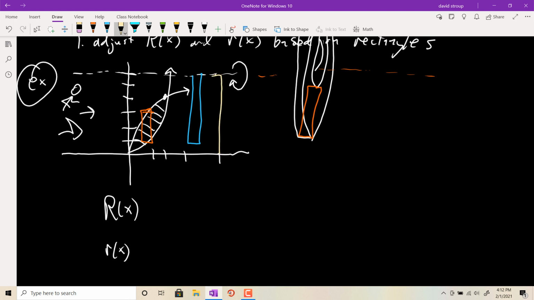That rectangle is the difference between this rectangle going from 0 to 6 and the smaller rectangle going from the x-axis to the curve, right? So the big rectangle is constant as the Riemann man runs across the picture. It's just always 6.